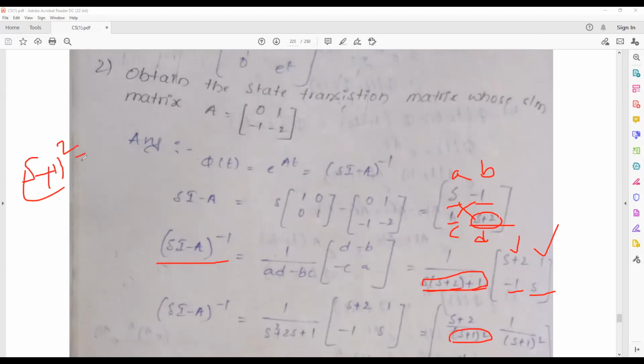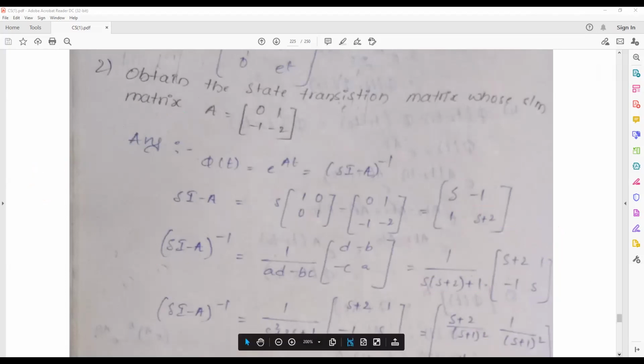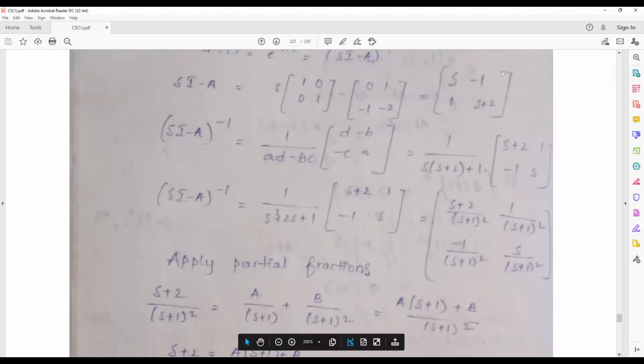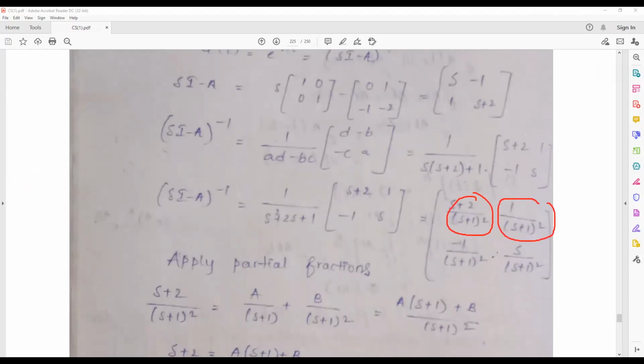So the first element is (s plus 2) by (s plus 1) whole square. Second element 1 by (s plus 1) whole square. Third element minus 1 by (s plus 1) whole square. Fourth element s by (s plus 1) whole square.